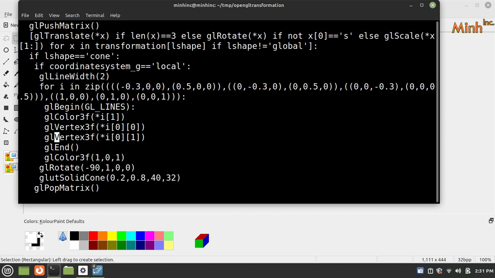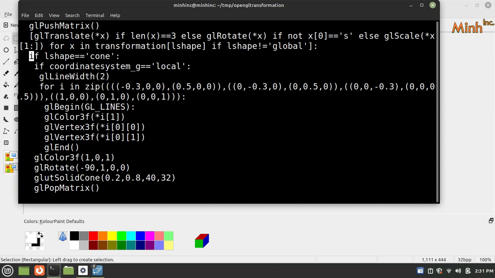ahead and we can do the magic. Now we can place it here. Okay, now rotate and we draw the cone. Once we are done, then we can pop the matrix.